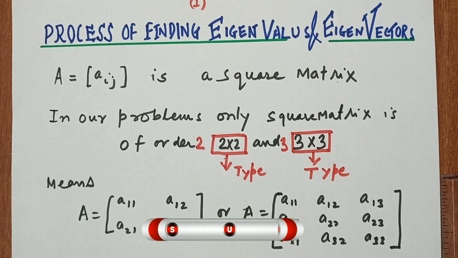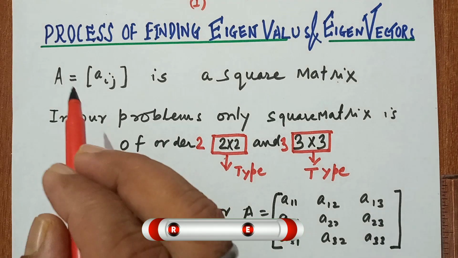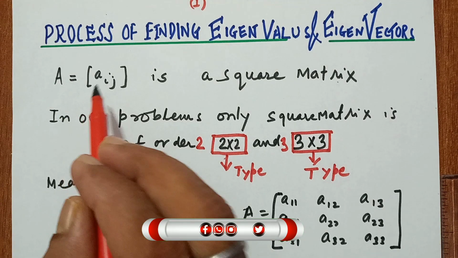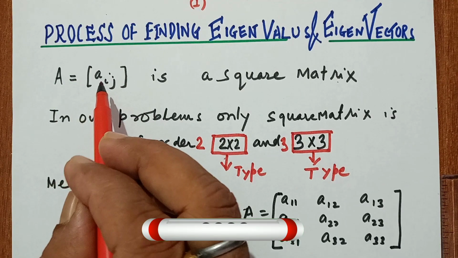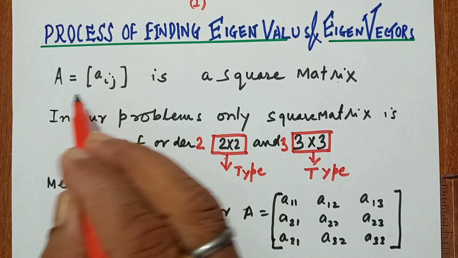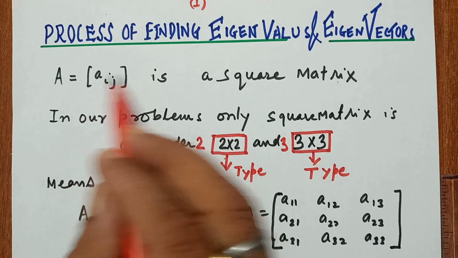So now I am going to explain the process of finding eigenvalues and eigenvectors. As we know, in this chapter the given matrix will be a square matrix. This is strict: every matrix is a square matrix.